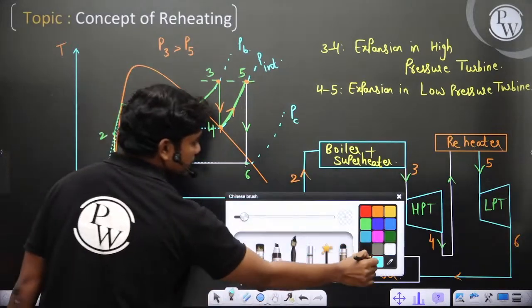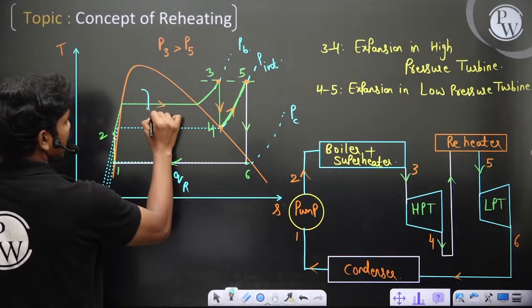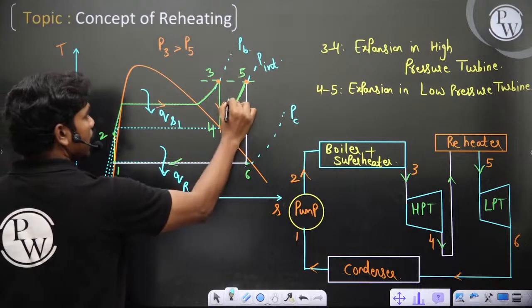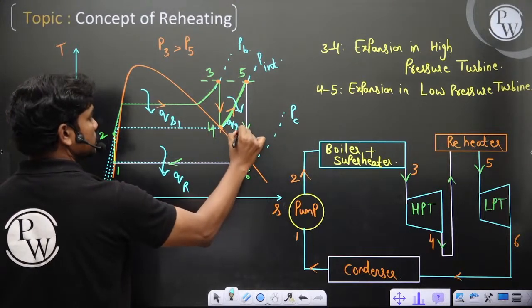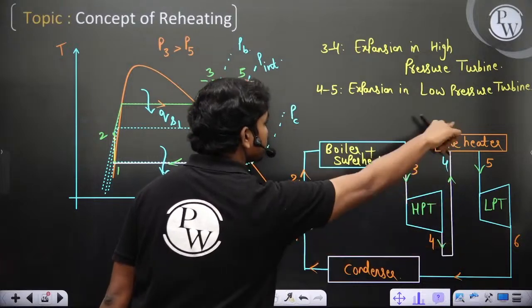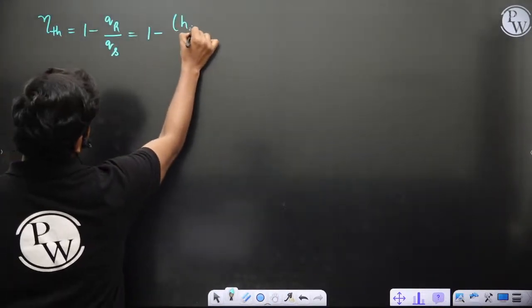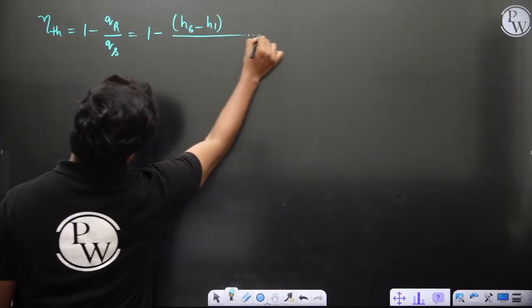You can clearly see heat ejection is taking place in QR. Heat addition is happening here, QS1, and also in this process, QS2, because 4 to 5 is again reheating. So H6 minus H1 is what you have, divided by the heat supplied.